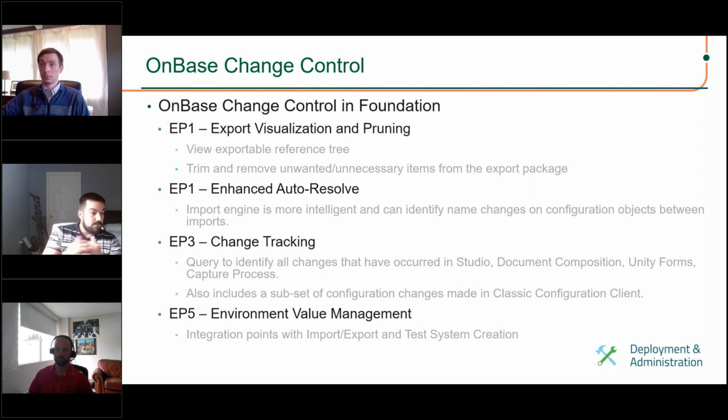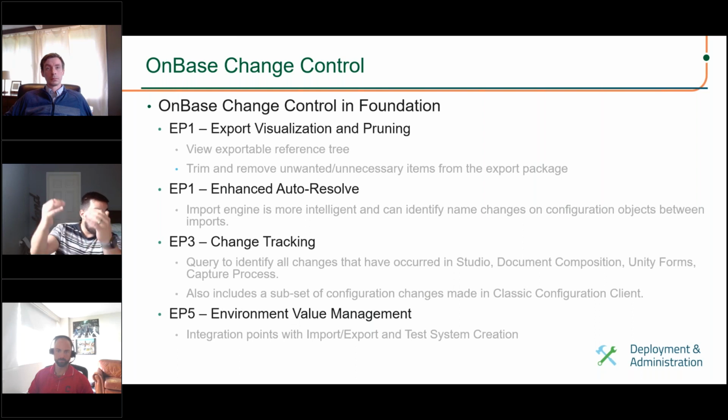Sure, let me pull up this slide here as a talking point. Environment value management is available in EP5. That is the new integration point with test system creation. That's our new tool for managing some of those value sets in your environment values. Everything else listed, change tracking is available in EP3, along with export pruning, which is available starting in EP1, and of course then throughout the rest of the foundational releases.